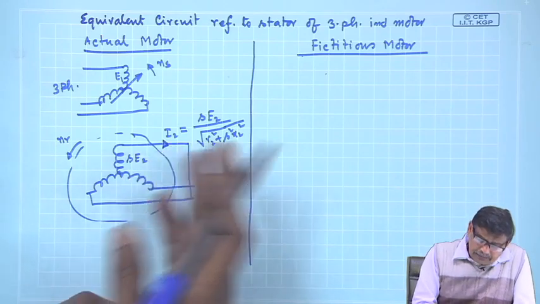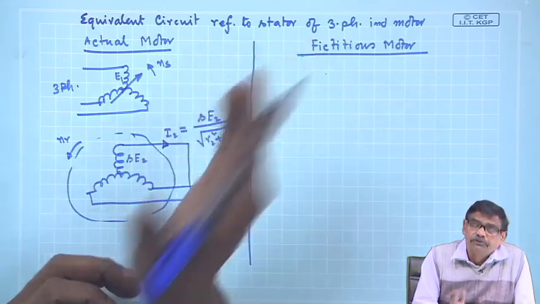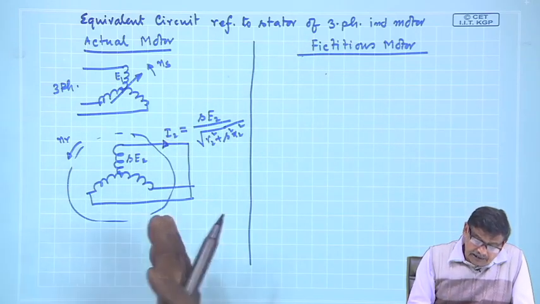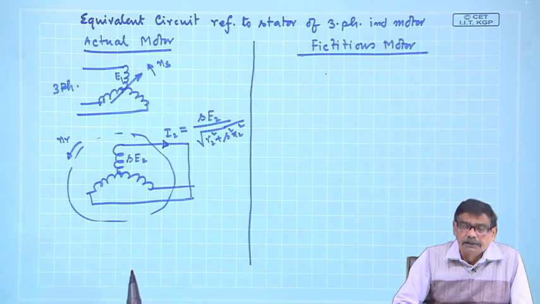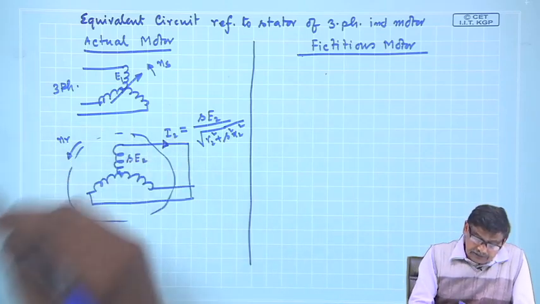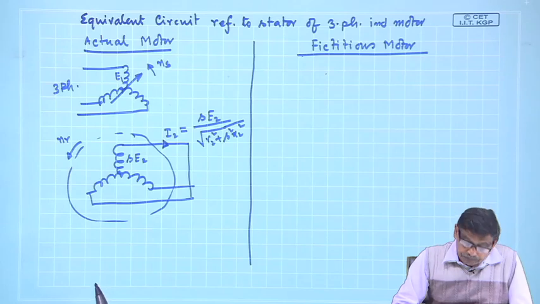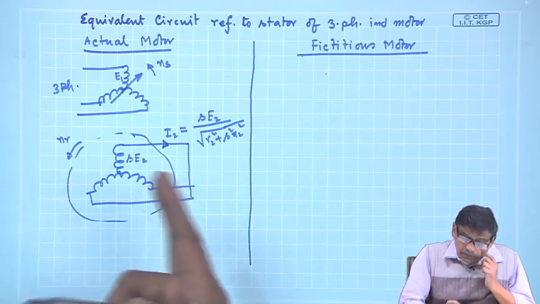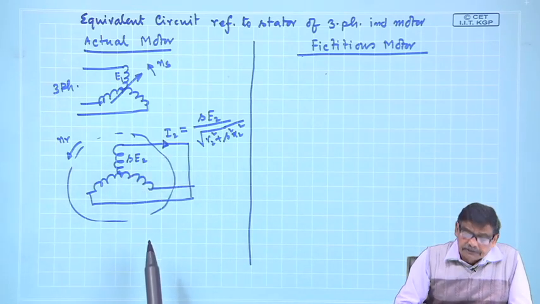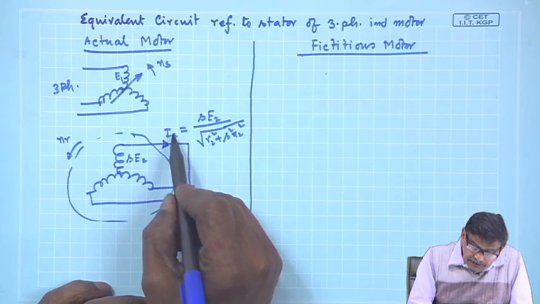Depending on that, the rotor produces a rotating field, and that will also be moving in the anti-clockwise direction. And what will be the strength of this field? The strength of this field will be decided by this RMS current.